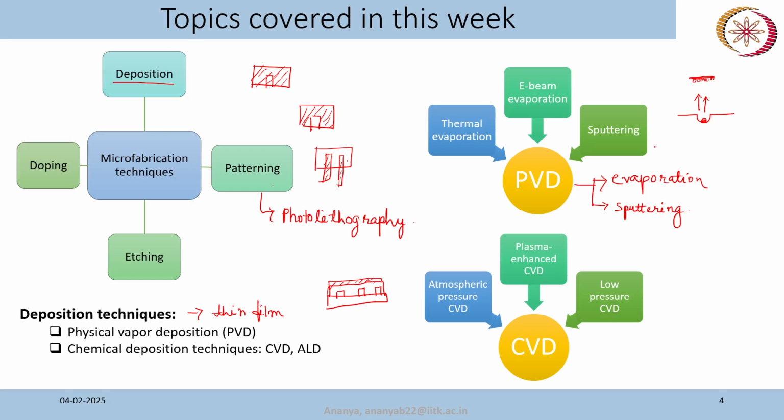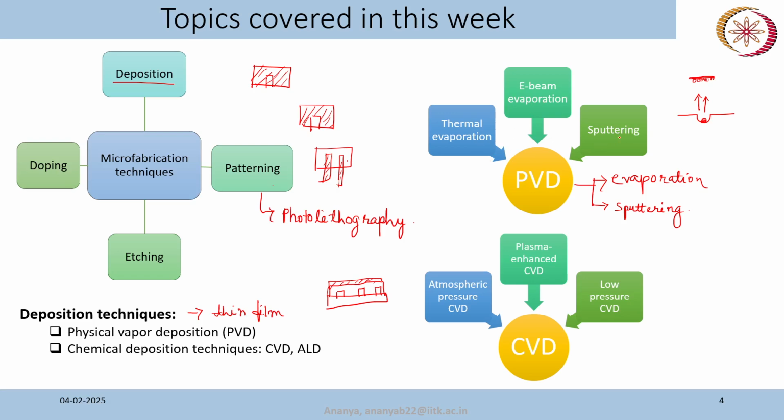If you have to provide a lot of energy, and you cannot pass current through your material, then you go for e-beam evaporation. Using e-beam evaporation, certain materials which are not easy to melt can also be evaporated. So these are just different types of energy provided to the material, but the basic physical principle is similar, which is evaporation.